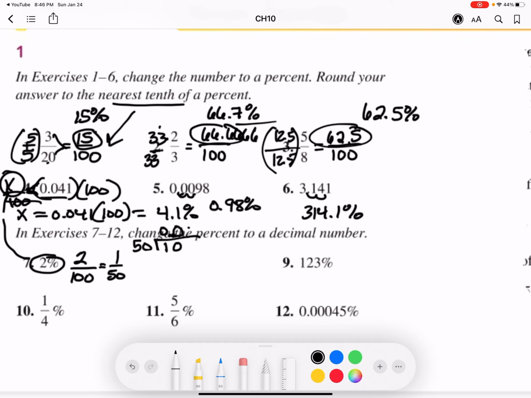So we're going to drop another zero down. Oh, sorry, that one does go through. It didn't go into 1, it didn't go into 10, but it does go into 100. 50 goes into 100 2 times, and that's going to give us exactly 100. So our decimal is going to be 0.02.